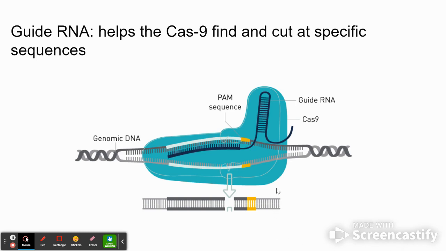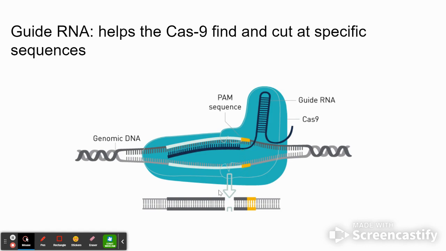If you look at this image, this lighter blue right here is the Cas9 protein. The gray is our double-stranded E. coli DNA. And this dark blue is the guide RNA. It's kind of hairpin looped on itself. But here you can see we've got complementary bases that are pairing up with the DNA. And that tells us where our restriction or cutting sites are going to be.